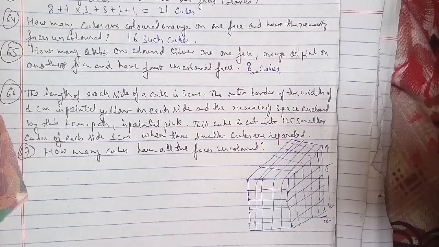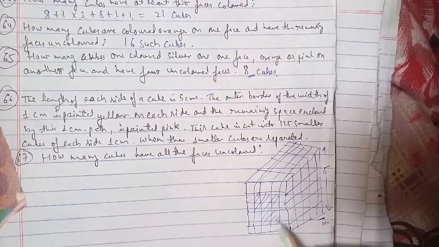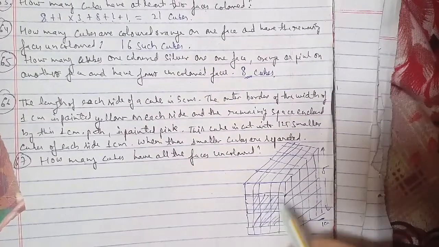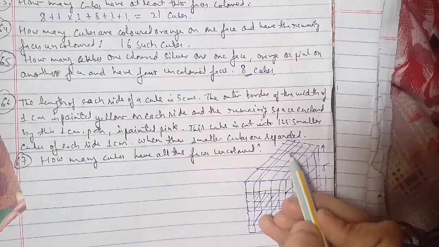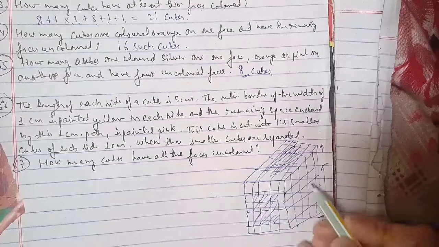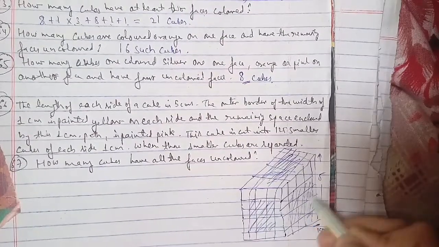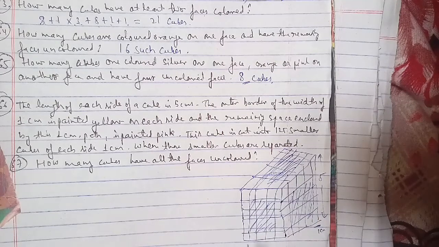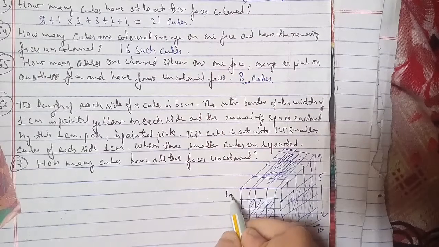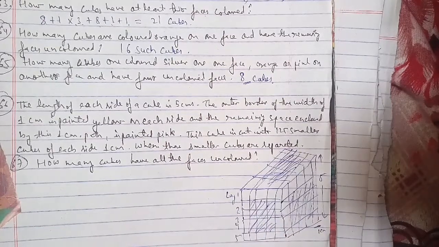So for the one in the middle, this is the figure, and for the same here as well. As you can see in the figure, this is layer 1, 2, 3, 4 and 5.